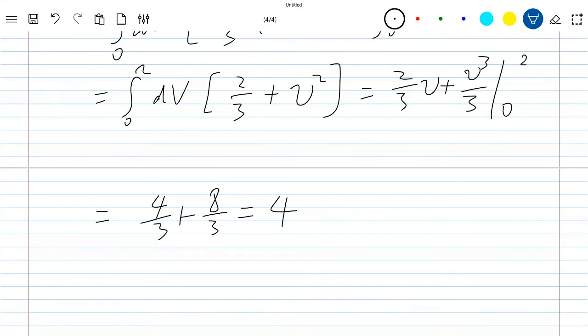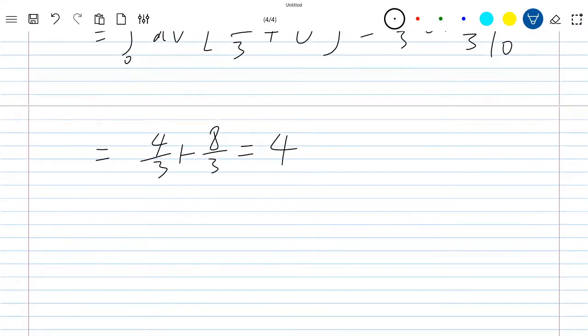Okay, so we know how to find the area of a parametric surface. And of course, in the simplest case, your parameters are just x and y instead of u and v.